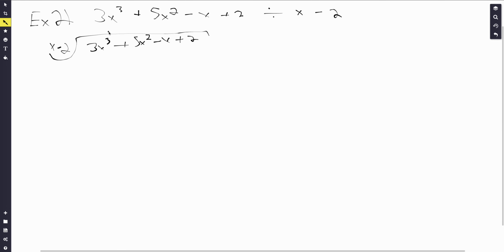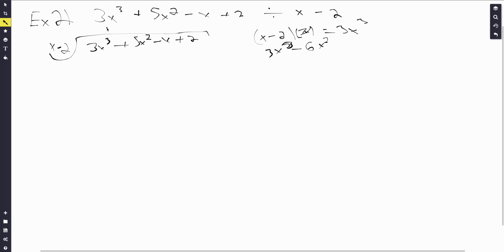Okay, so again, let's do the same process. So we have x minus 2, so we need to get 3x cubed. So what will give us that? Well, that'll be 3x squared, and that'll just be 3x cubed minus 6x squared.